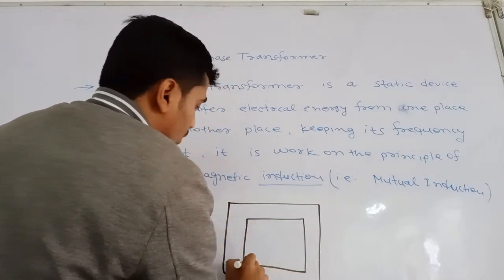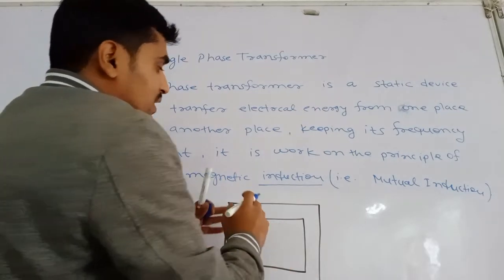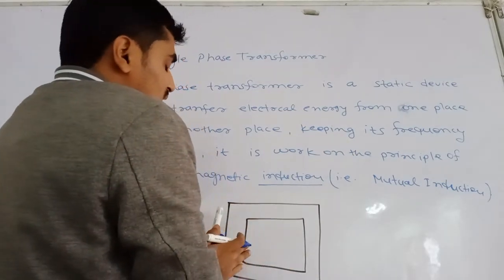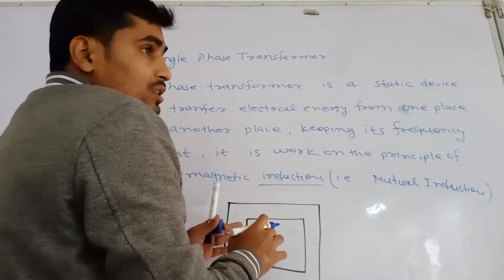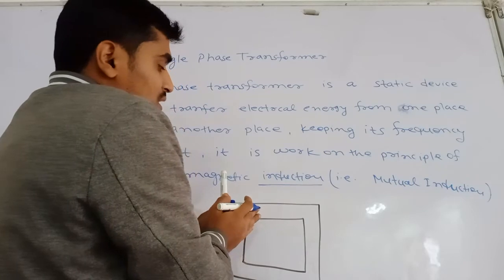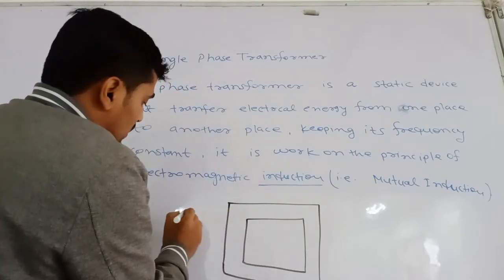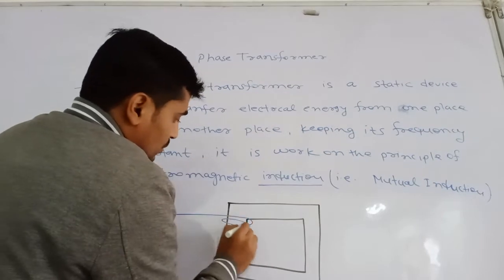This is the core of the transformer, where there are many different laminated sheets, that is the iron core, which are joined with each other, and we wind the copper winding.